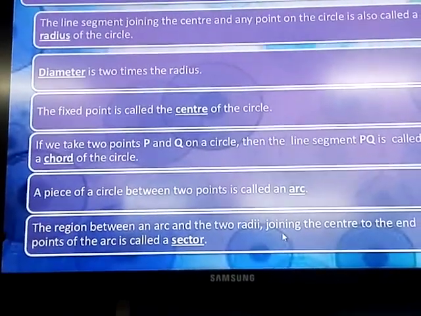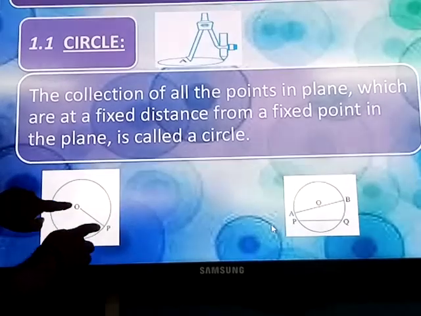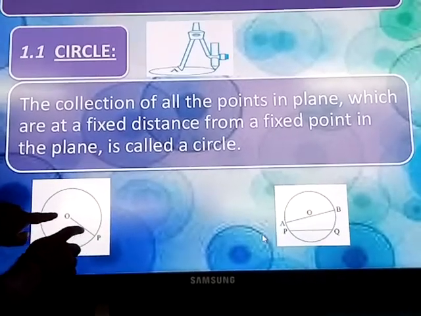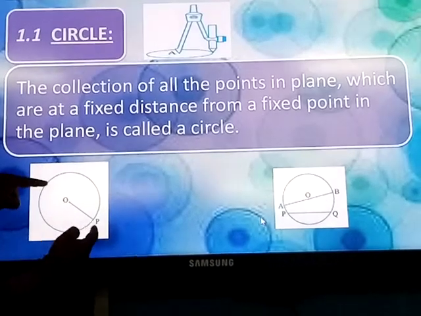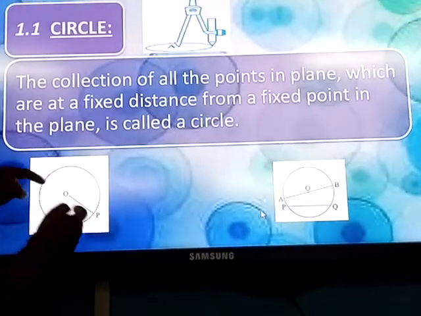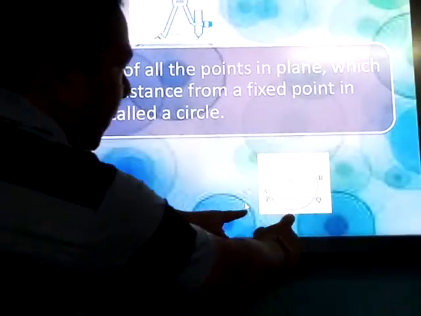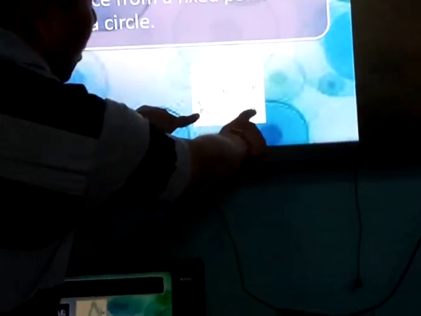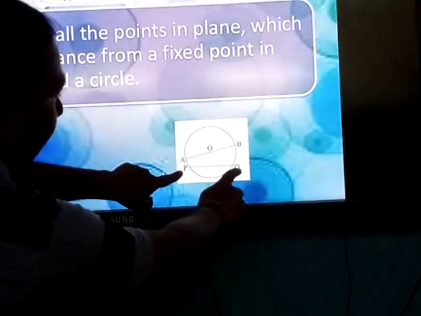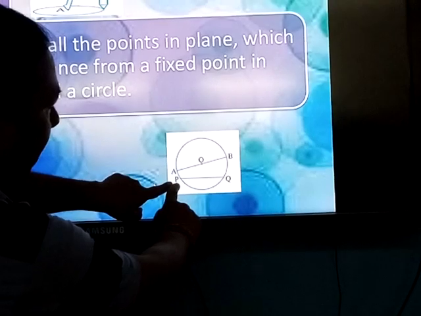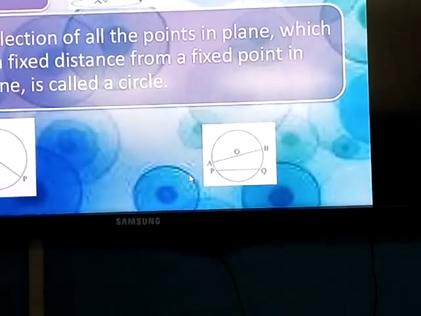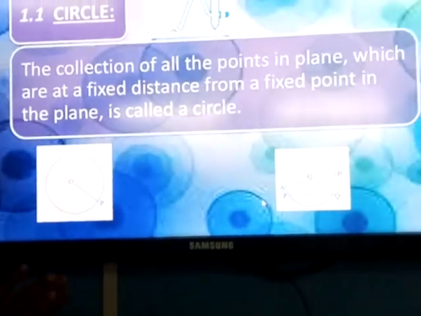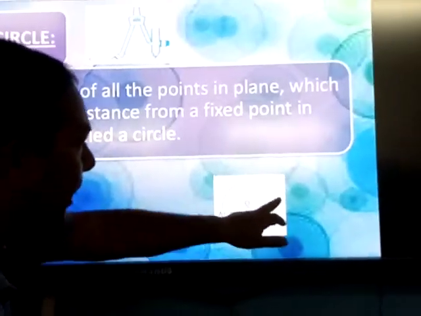When a radius is extended in a straight line from one point through the center to another point of the circle, this becomes a diameter. A line drawn from one point of a circle to another point of the circle is known as a chord, but it should not go through the center.